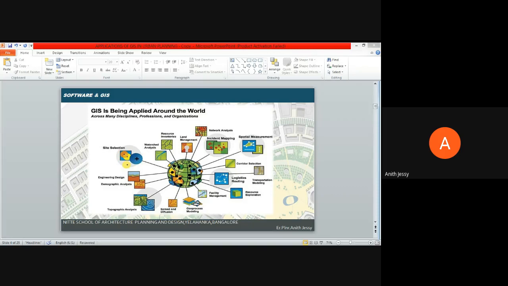In that, GIS is applied in almost all features, right from the topography analysis, the selection of the study area, and analysis on sectors like infrastructure analysis, and it also helps in resource inventories.